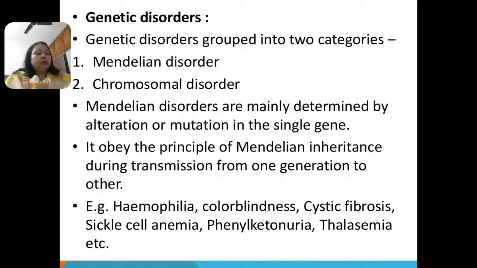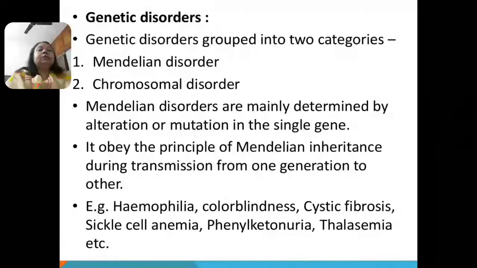Sometimes it is found that these genetic disorders are caused by a chromosomal abnormality. There are well over 6,000 human genetic disorders that are grouped into two categories: one is Mendelian disorder and another is chromosomal disorder.